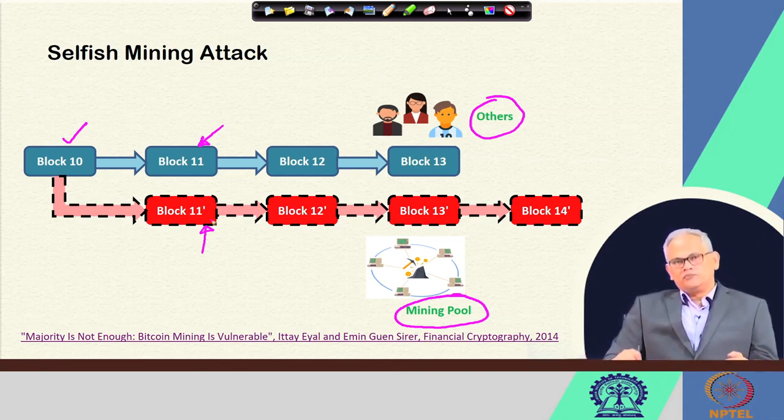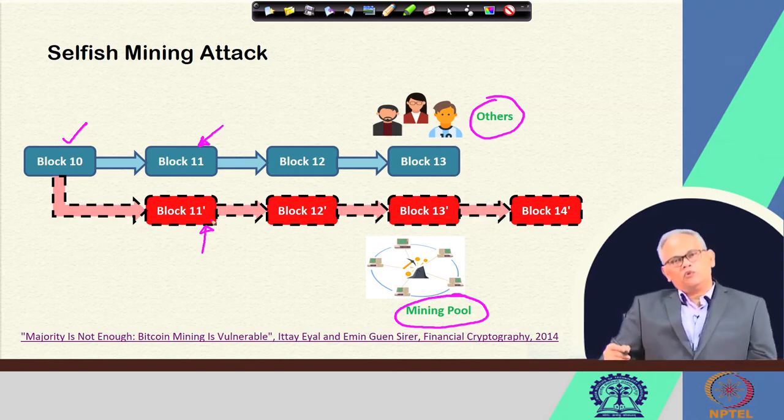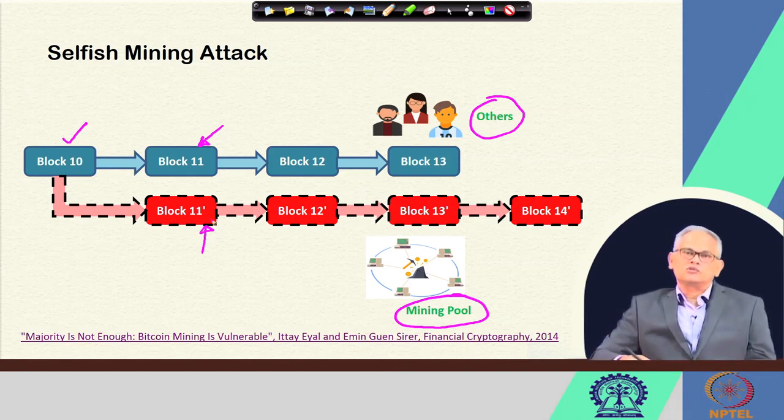If you know that you have mined it, even though you have not made it public, you can keep adding subsequent transactions as a block that refers to this block 11 prime of yours, and you can have the next block, block 12 prime, but this is private to you, not made public, and likewise block 13 prime and block 14 prime and so on. And that is what the attacker does.